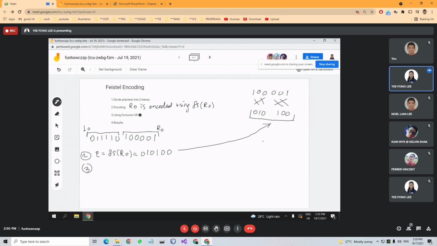So next one is exclusive OR. This one you don't have to memorize. No need. This is just for your understanding of the algorithm. For the left one, we have to take the initial right, and also, okay, this is the step here. So you have to take the initial left, using the algorithm and encoding.